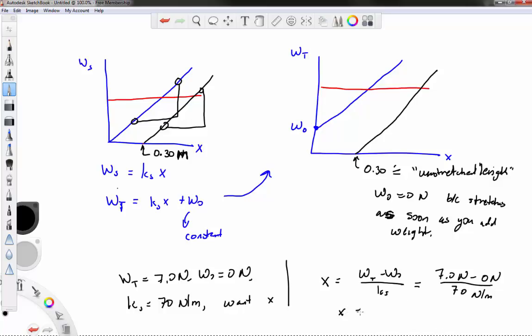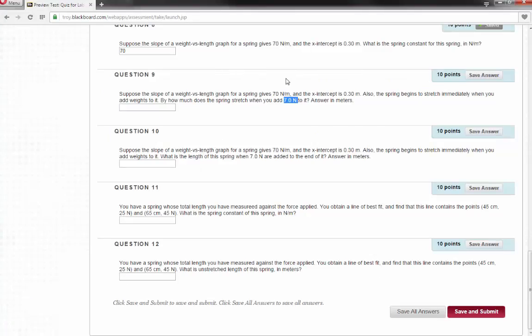And so x, in this case, 7 divided by 70 is 0.1 meter. So it's going to stretch about 10 centimeters. And it basically just says how much does the spring stretch by. So 0.1 meters.